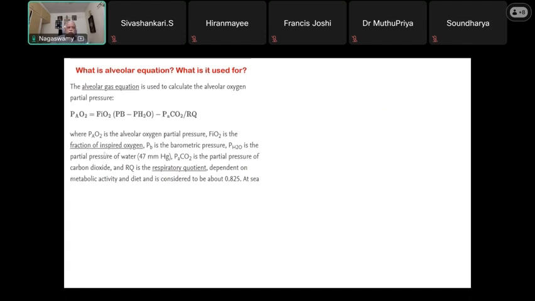That is calculated using the formula: FiO2 multiplied by the atmospheric pressure minus water vapor pressure, from which you subtract the arterial carbon dioxide divided by the respiratory quotient.